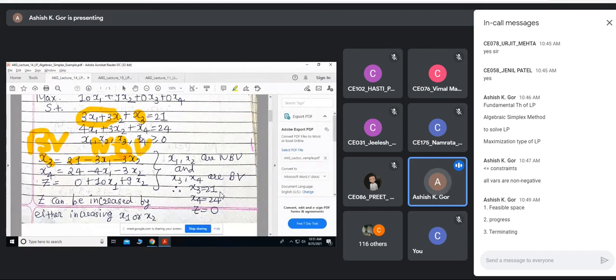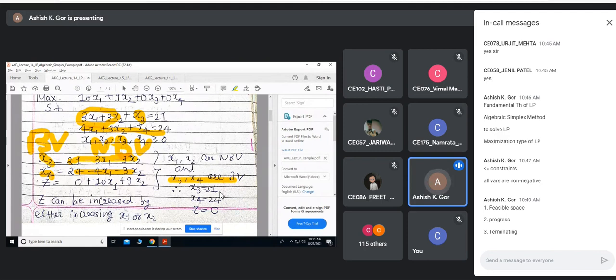That way I am arranging. Right now x3, x4 are basic, so they form the left side. From the second equation, I write x4 equals 24 minus 4x1 minus 3x2. Z is the same, already having 0x3 plus 0x4.